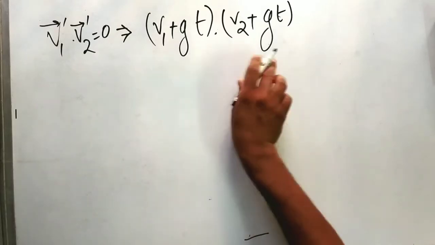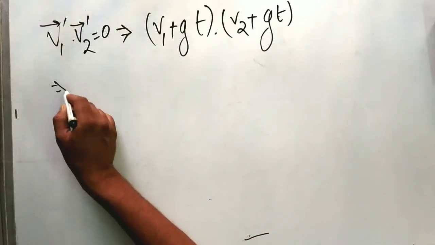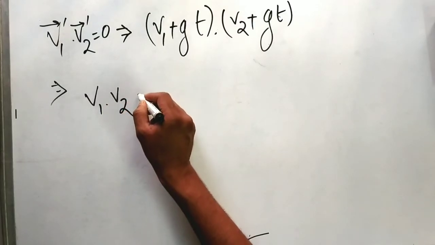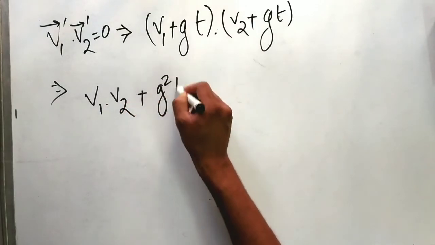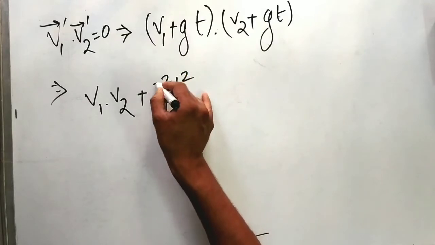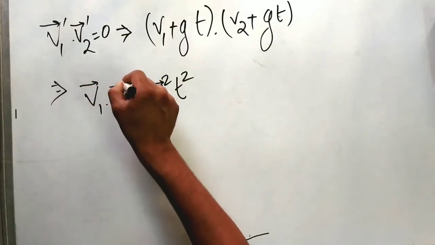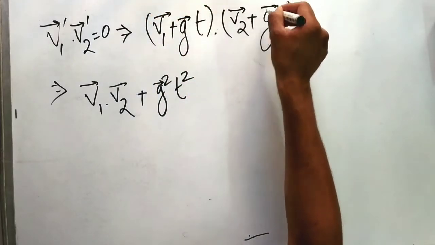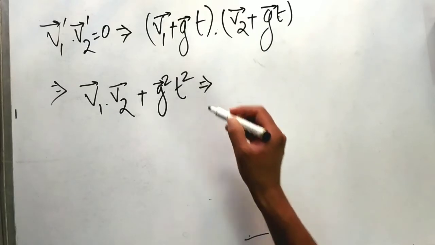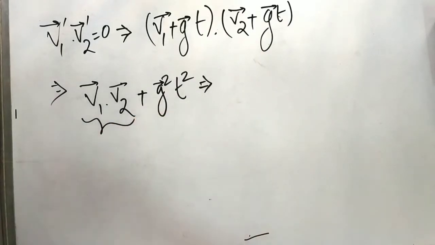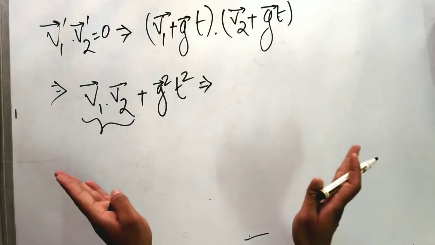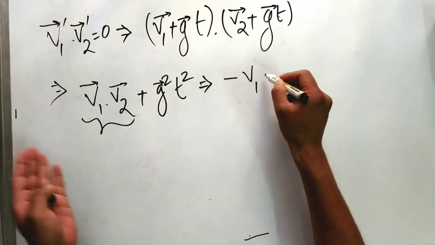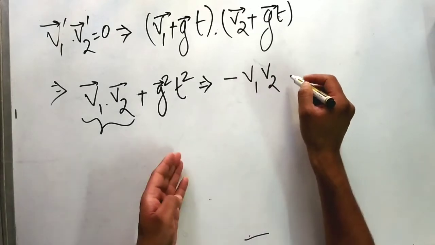So the dot product of these two quantities is going to be equal to v1 dot v2 plus g square t square, again taking up the vector forms. Now these two here are initial velocities which are opposite in direction, so the dot product is the negative of the scalar product of v1 and v2.